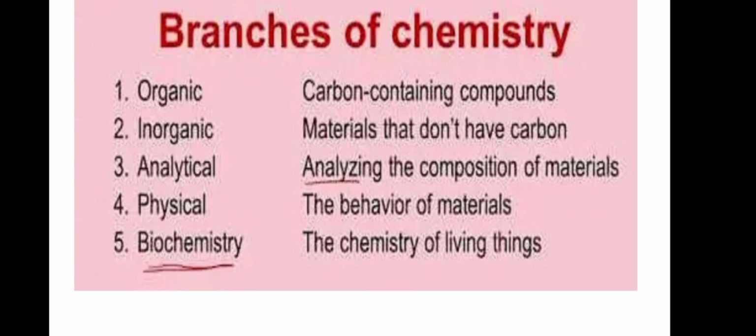The fourth is physical chemistry. This deals with the behavior of materials. And the last branch is biochemistry. Biochemistry is a branch of chemistry that deals with the chemistry of living things.